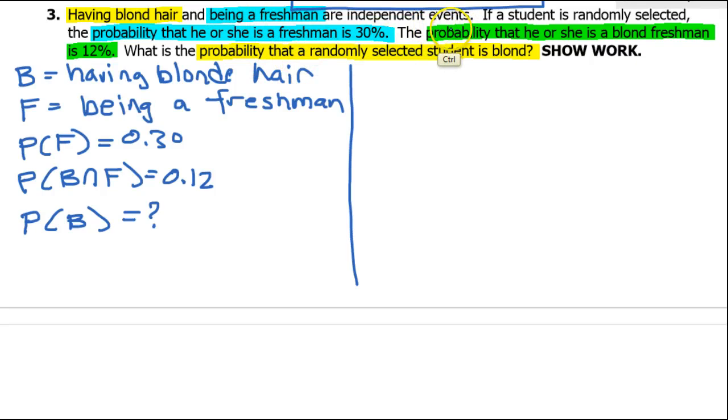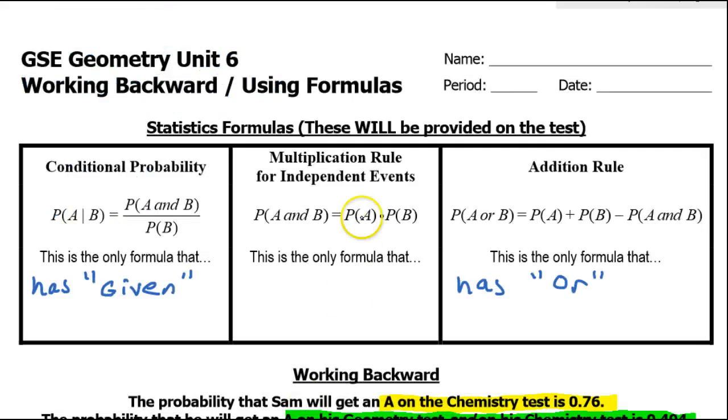The one combination expression said the probability that he or she is a blonde freshman. That's not blonde or a freshman. A blonde freshman is blonde and freshman. So there are no "or" statements. It did not mention given, and didn't have "or" in it. That leaves the middle one.